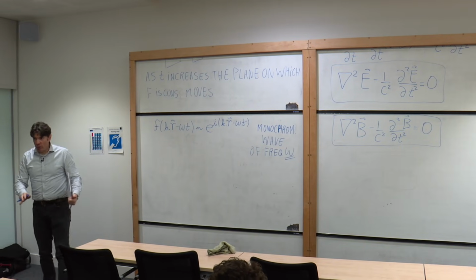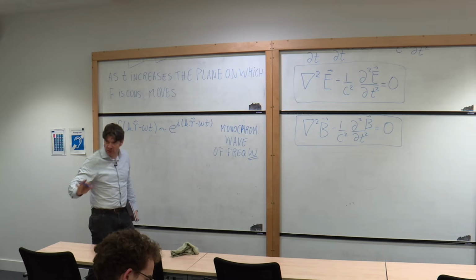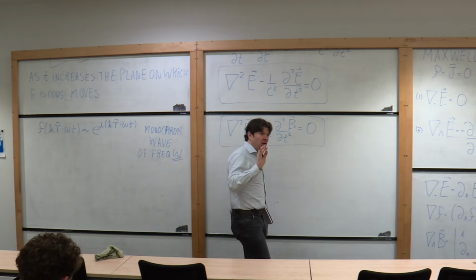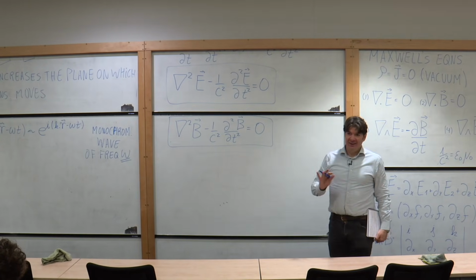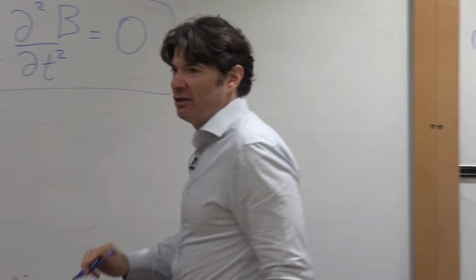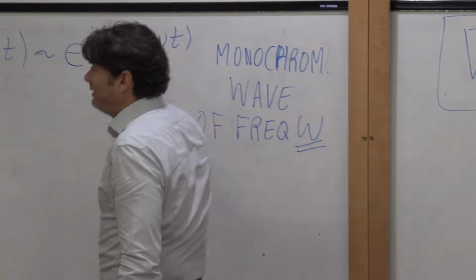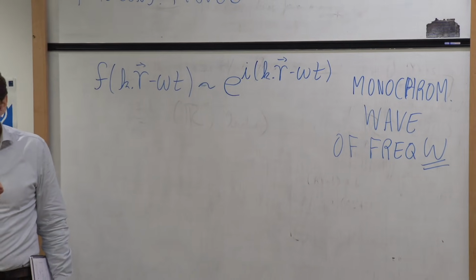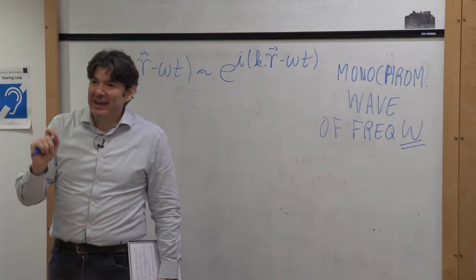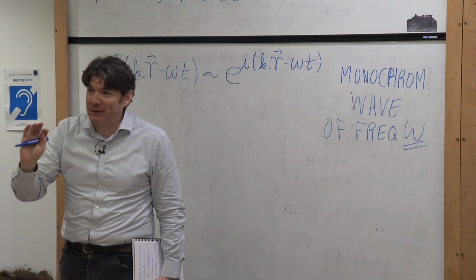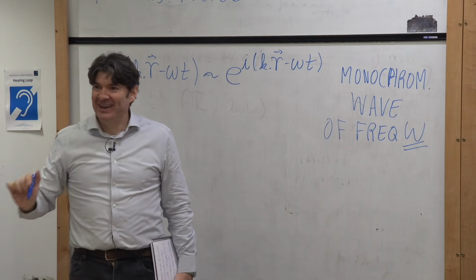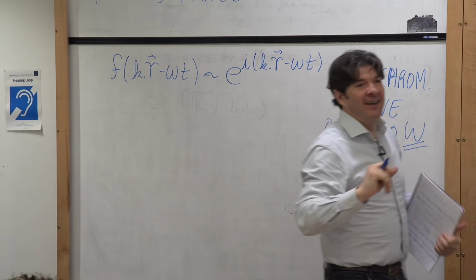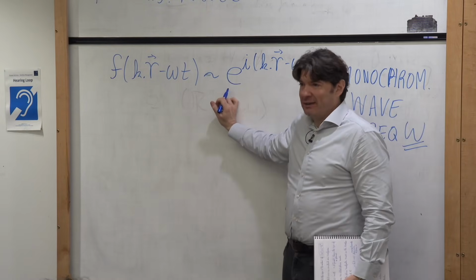So the differential equation, very much like for the wave equation in Fourier, works for any function of k dot r minus omega t. The beautiful thing about this specific solution is that, as we will see in a bit, it will correspond to light of a specific color. So when you have a wave of light, you will have this form.